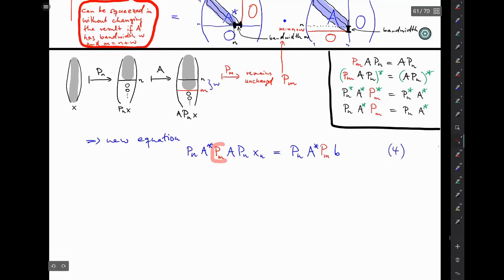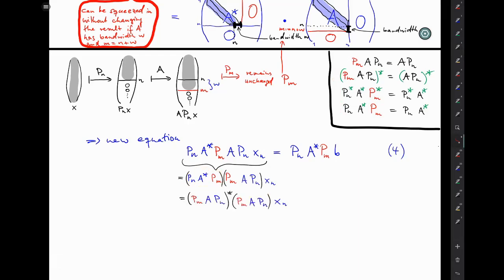Now, because PM is a projection, we can pretend we have a square here, and then you can put brackets here, and then for this left factor you follow this computation in the opposite direction, and then we have rewritten pretty much everything in terms of PMAPN.